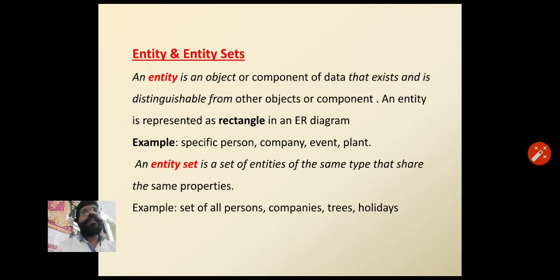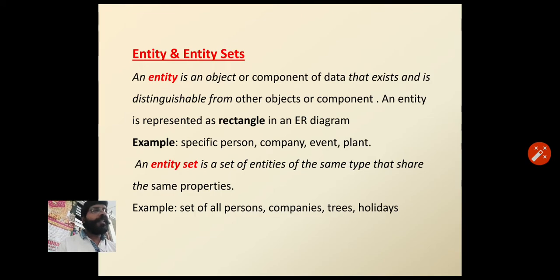Entity and entity sets. An entity is an object or component of data that exists and is distinguishable from other objects or components. An entity is represented as a rectangle in the ER diagram. For example, person name, company name, plant, event, these are entities.